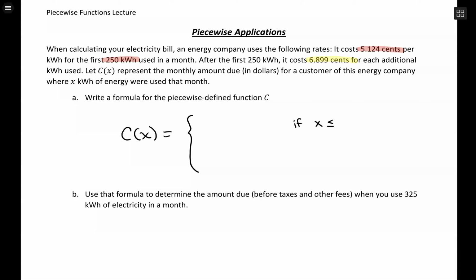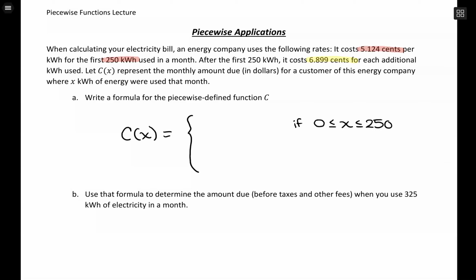There's two ways to write this. We could write it as x is less than or equal to 250. Now technically, that would look like we can plug in negative numbers. However, there's this implied domain that we're not going to plug in negative numbers. To be super accurate, we should really restrict it by 0 at the lower end and 250.